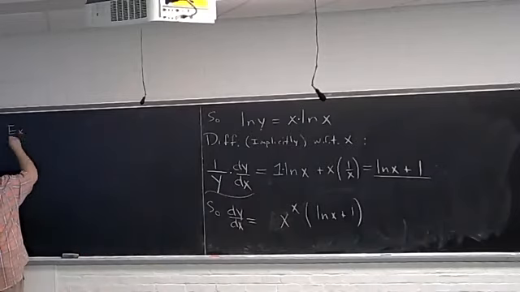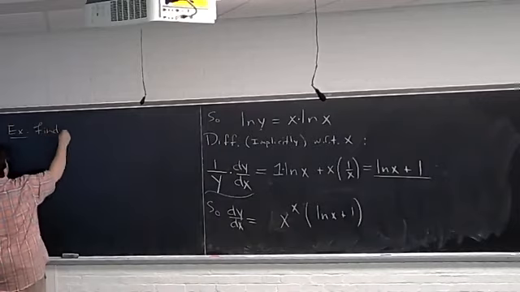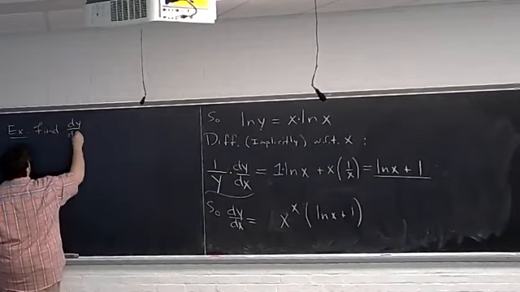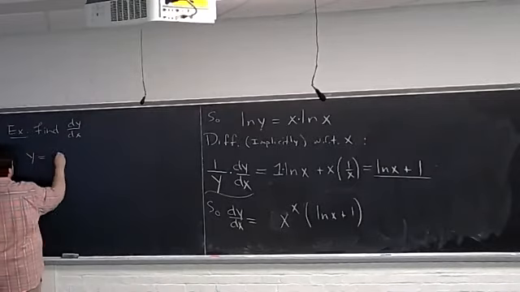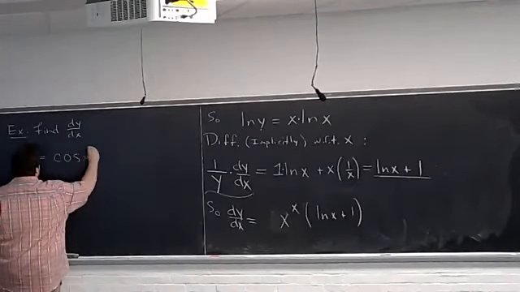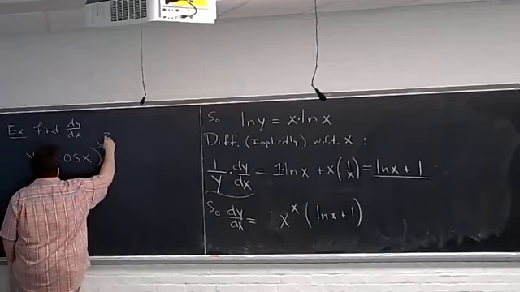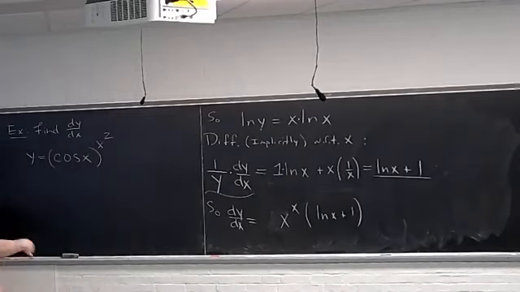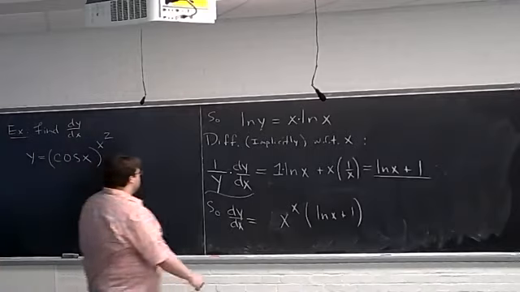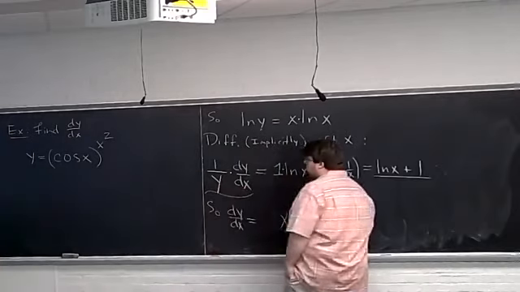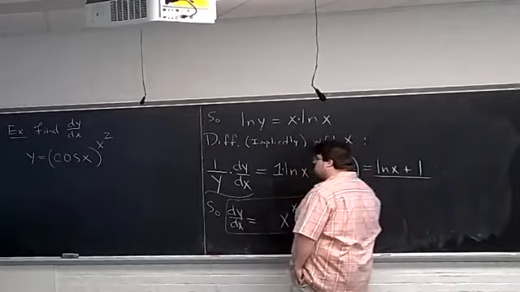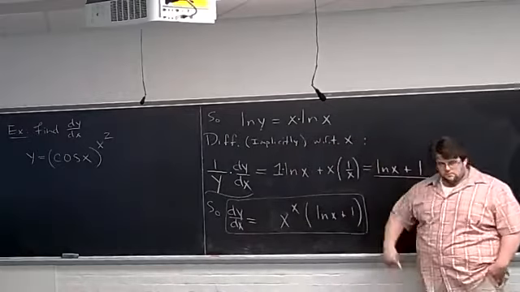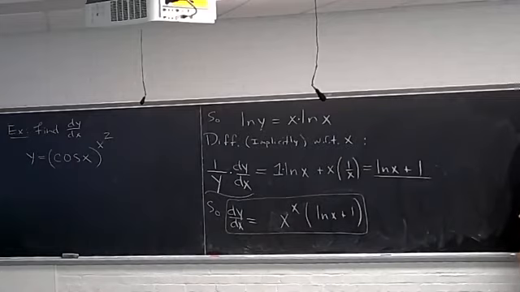Example. Find dy dx for y equals cosine of x all to the x squared. Now, first of all, that previous example doesn't give a general rule, meaning it doesn't give you a rule that you can eventually use a substitution and apply chain rule on.